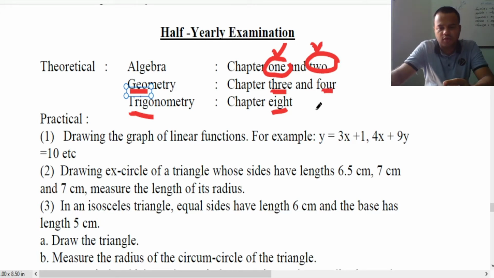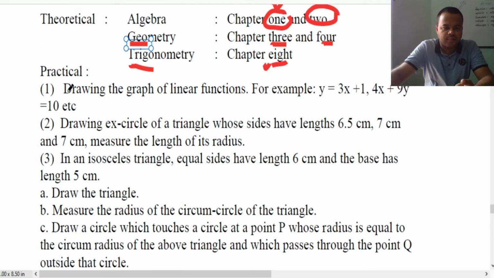In chapter 4 there is a construction, so I will discuss construction, and I hope all of you can do that yourself. And chapter 8 we have completed. That is the syllabus for the theoretical part.